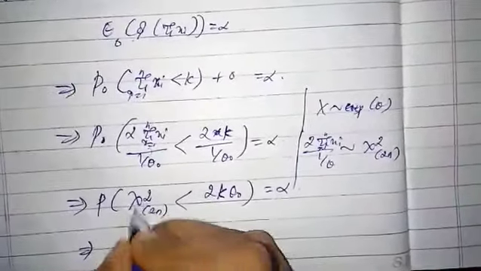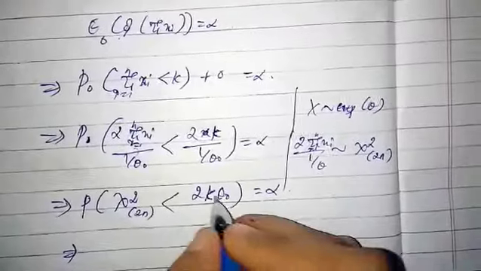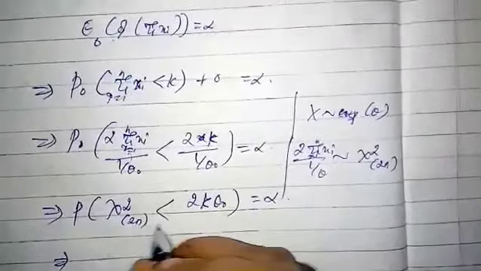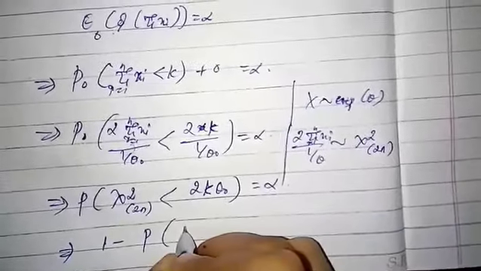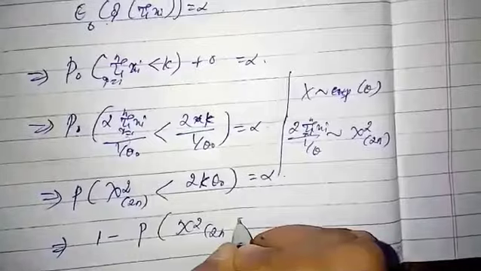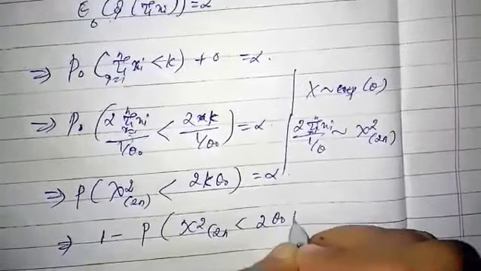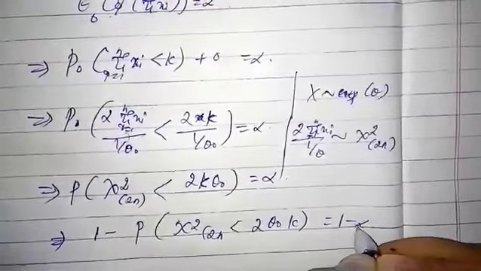So here the probability of a random variable being less than some value, right? Here we need to make a greater than. For that, 1 minus probability of chi-square 2n less than 2 theta naught k is equal to 1 minus alpha, okay?